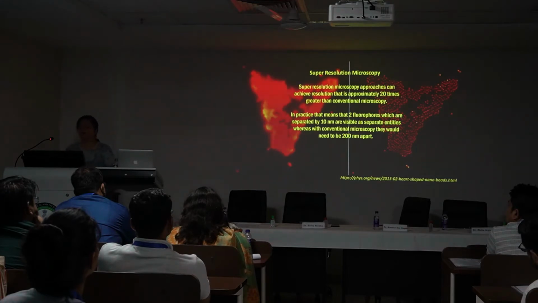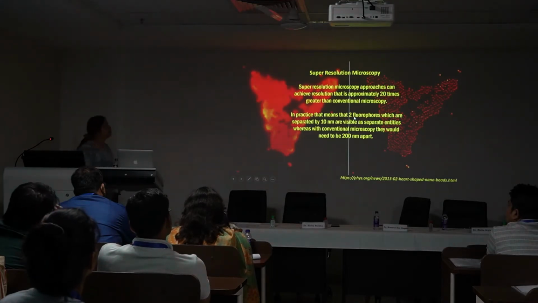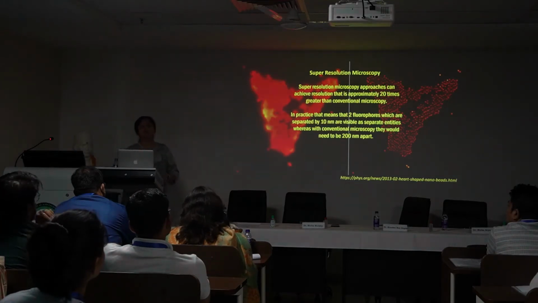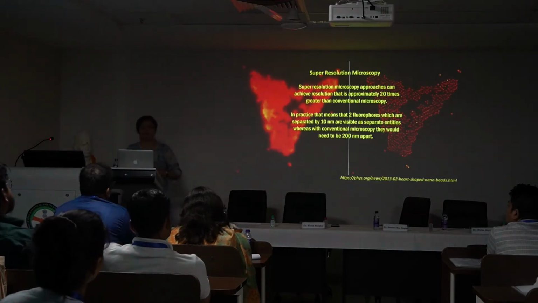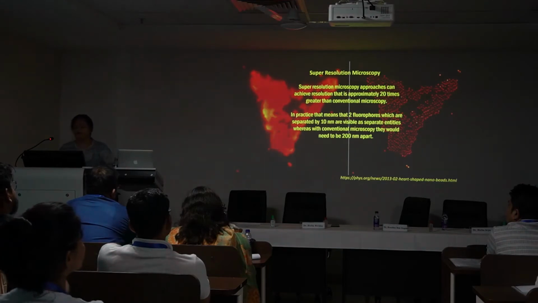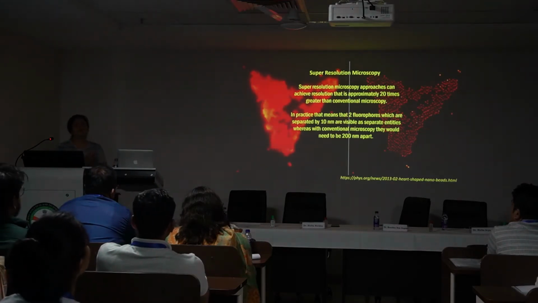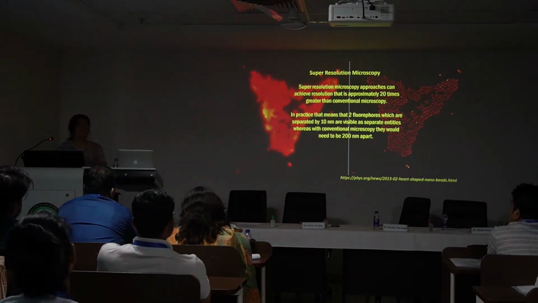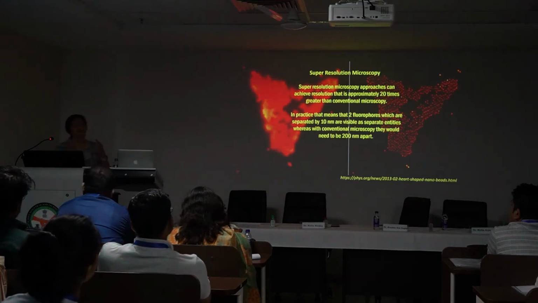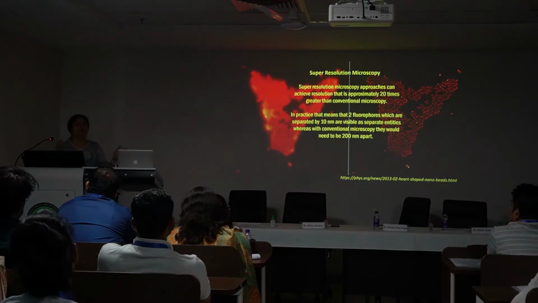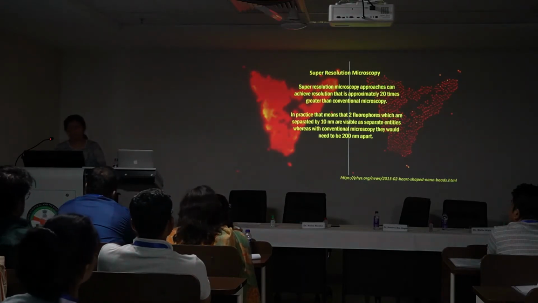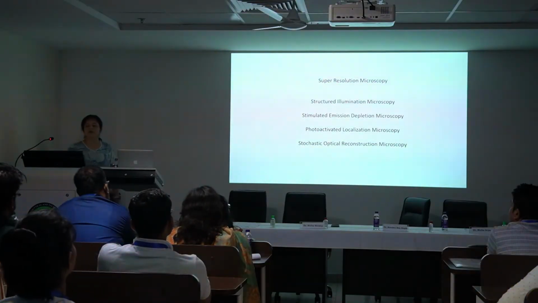In practice, this means that when two fluorophores are separated by around 10 nanometers, they should appear as individual particles. By conventional microscopy, they are always going to appear together, unless they are more than 200 nanometers apart. Okay, so that is the goal for super resolution microscopy.